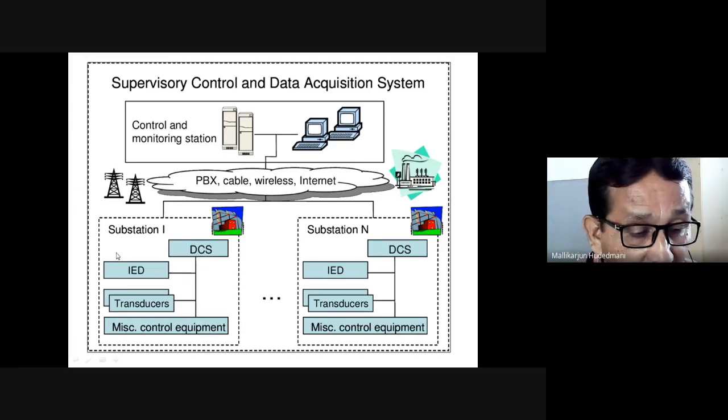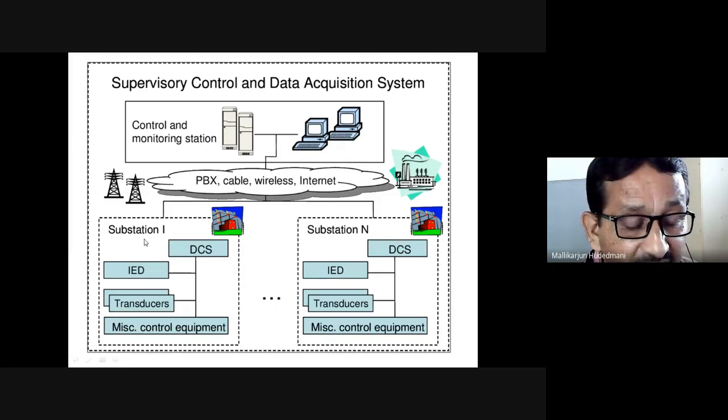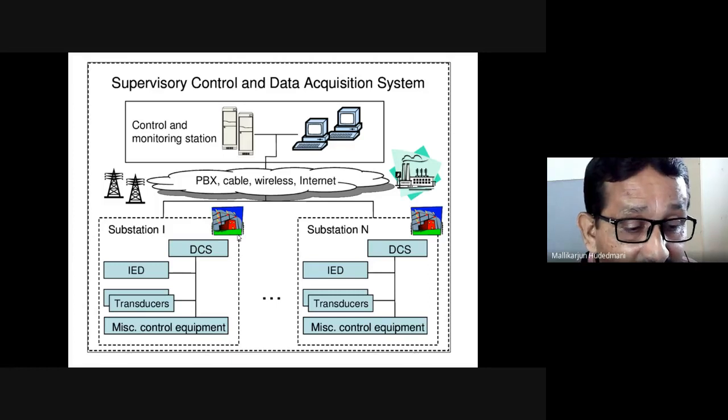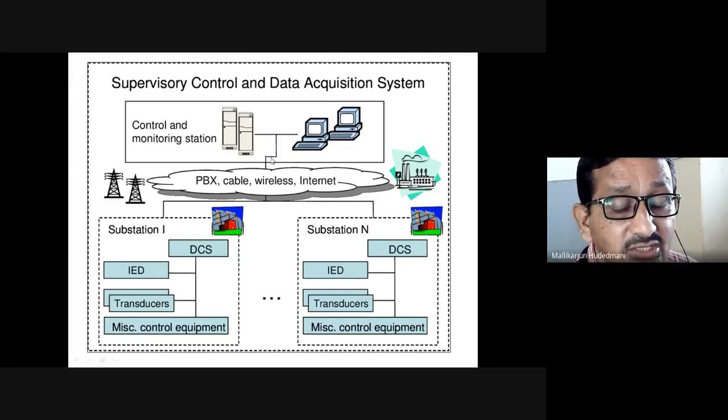This system operates with all these interconnections in that substation to fetch required information and to control them. And this information is encoded and telemetered via the transmission mode to the energy control center.